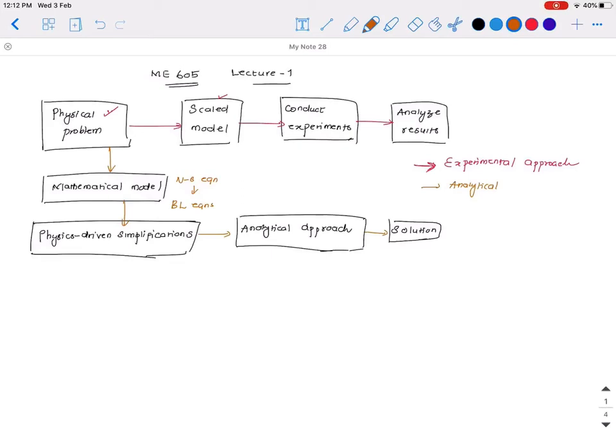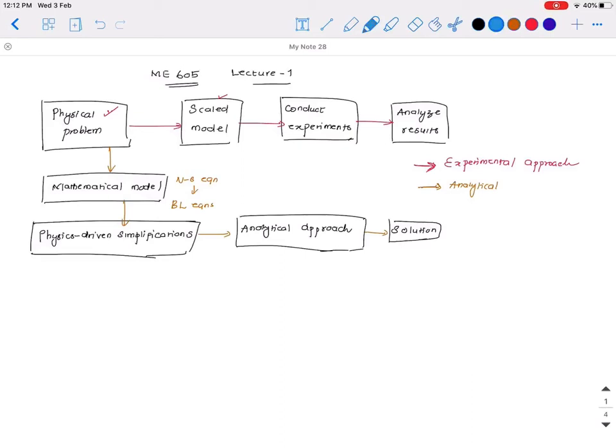It can be, for example, Fourier series or Laplace transformation or any appropriate method of choice for the particular problem to obtain the solution. The orange arrows represent the flow of steps usually employed in an analytical approach.